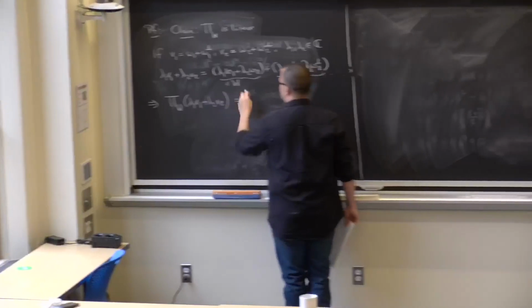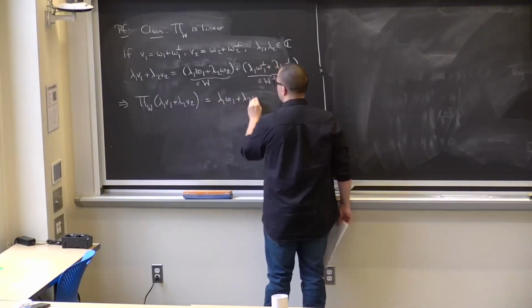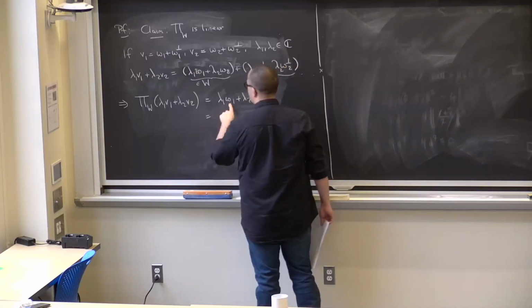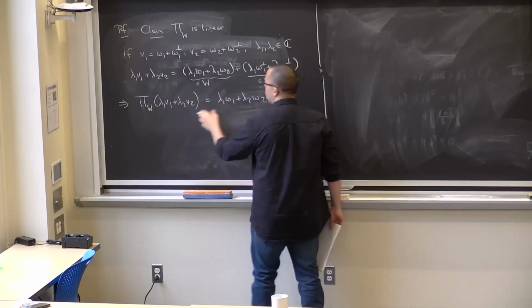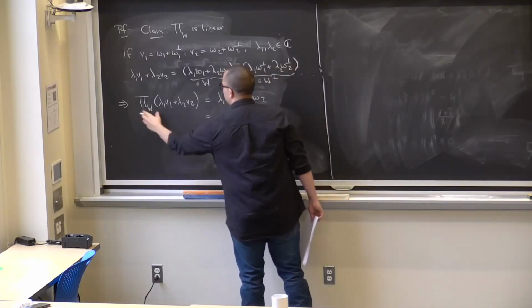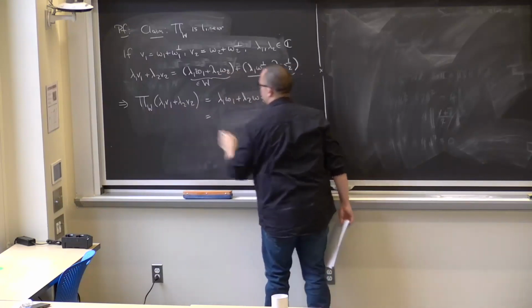as the part that's in W, this is equal to lambda 1 W1 plus lambda 2 W2. And W1, that's just pi sub W. That's just projection. I'm calling it projection, although I haven't proved that yet. This thing applied to V1, and W2 is this thing applied to V2, right?